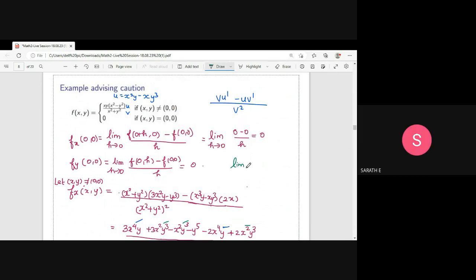The limit has to equal the value at that point. Limit of (x, y) going to (0, 0) of fx of (x, y): if this is not equal to fx of (0, 0), then fx is discontinuous at (0, 0). Only when they are equal can you say it is continuous at (0, 0). First of all, the limit should exist, and when it exists, it should be equal to the value of the function. This is the condition you need to check for continuity.